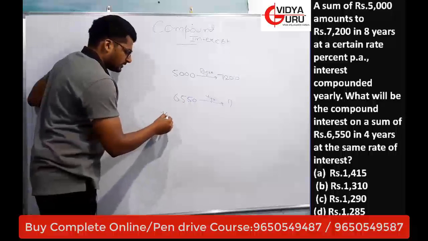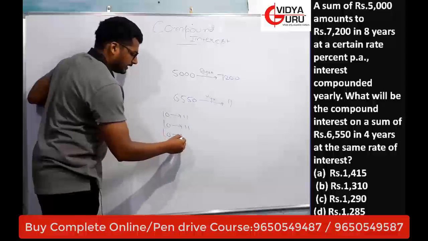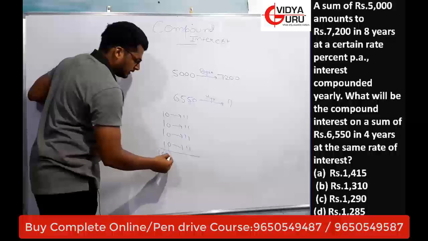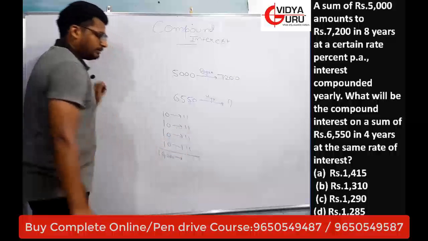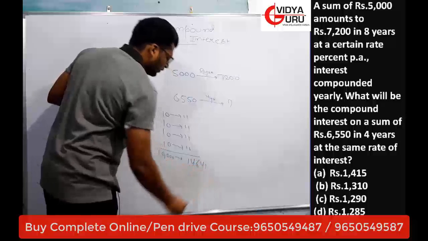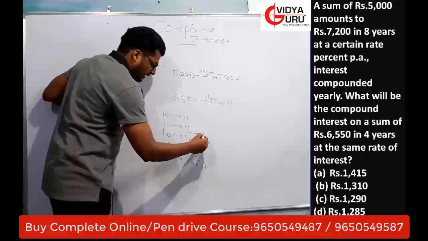The rate was 10%, that in 1 year 10 to 11, again 10 to 11, again 10 to 11. If I talk about 4 years, again 10 to 11, then it will be 10,000 and 11 four times is 14641. Now, how much would it have become in 2 years?